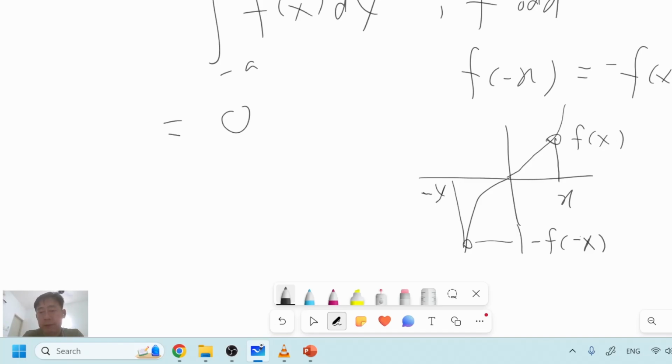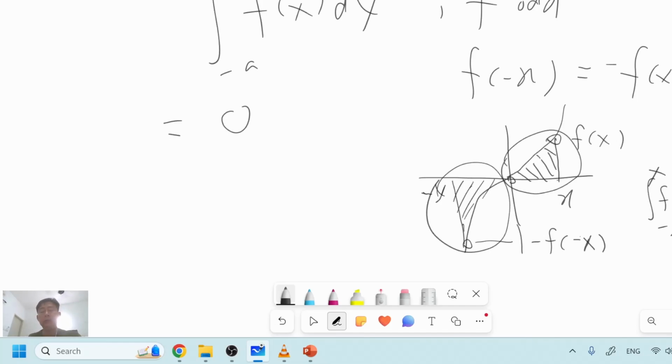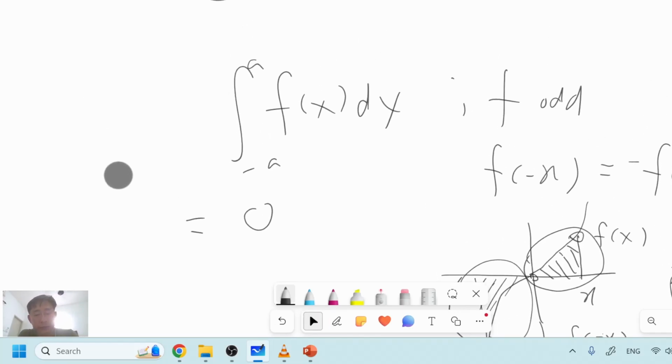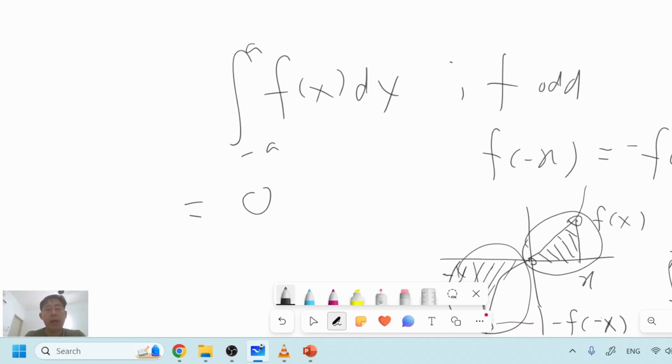You can see that if you are integrating the function from minus x to x, the integration from minus x to 0 gives you this bit of area, which would be negative in sign, and the integration from 0 to x will give you a positive value. Therefore, the integration from minus x to 0 will cancel off with the integration from 0 to x. So this is a very useful fact to use when you are performing integration of an odd function.